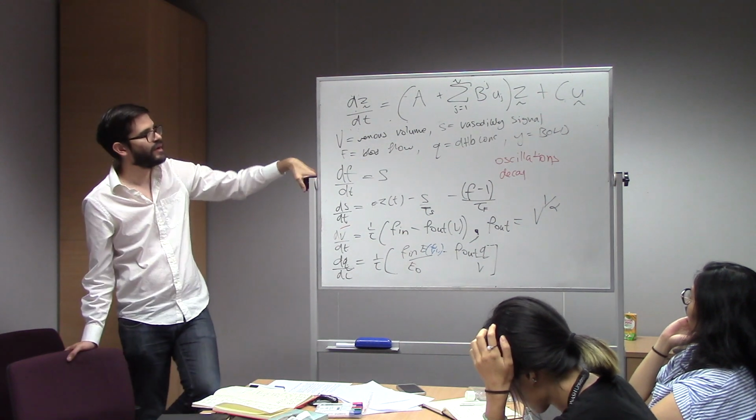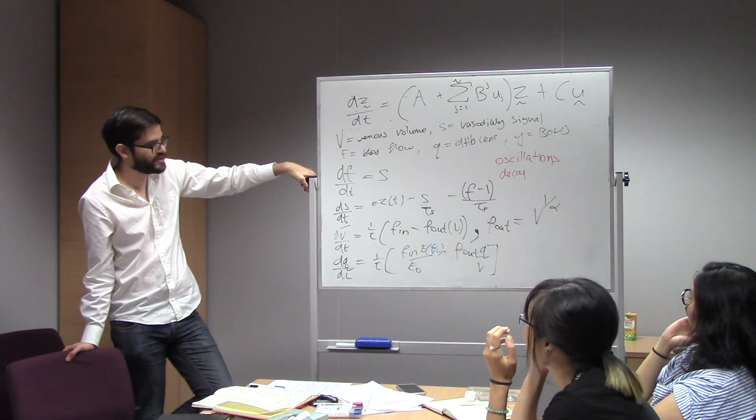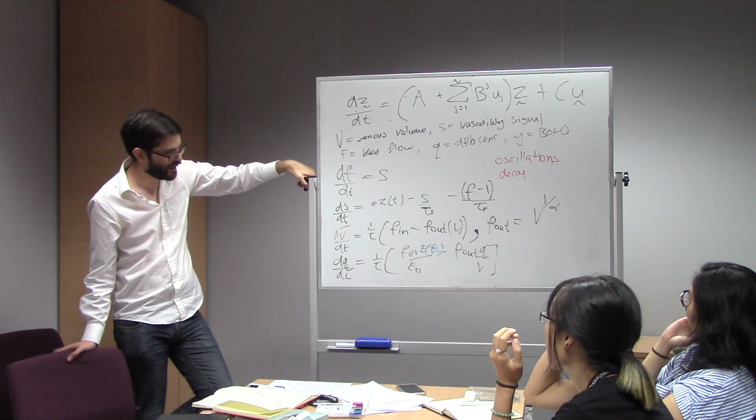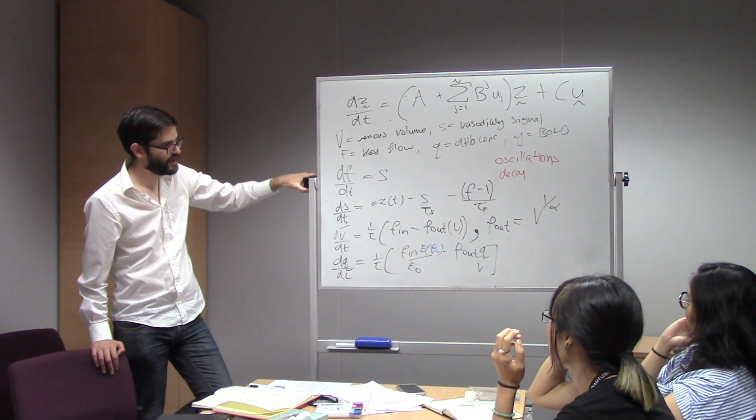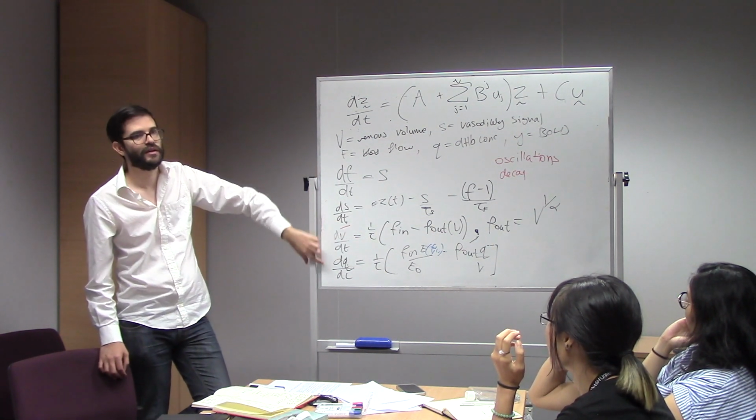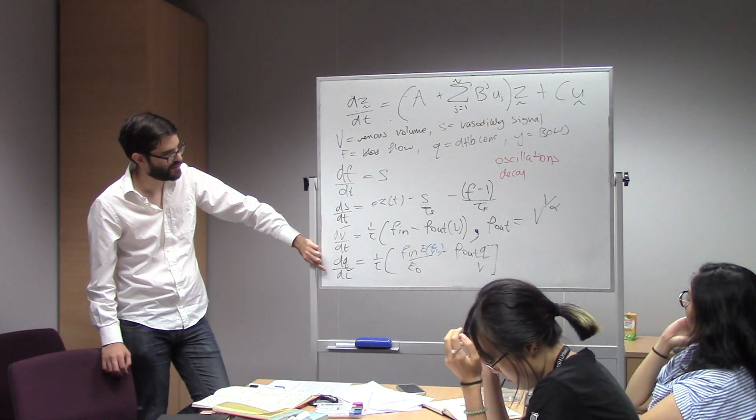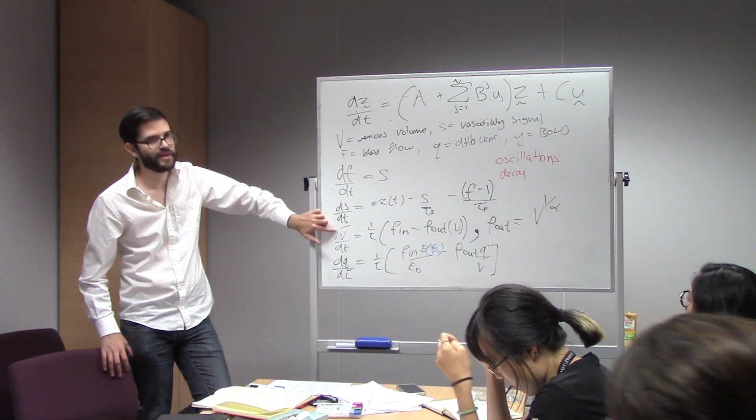Yeah. So bold can be seen as a contrast between Q and V, because these two have different magnetic properties.